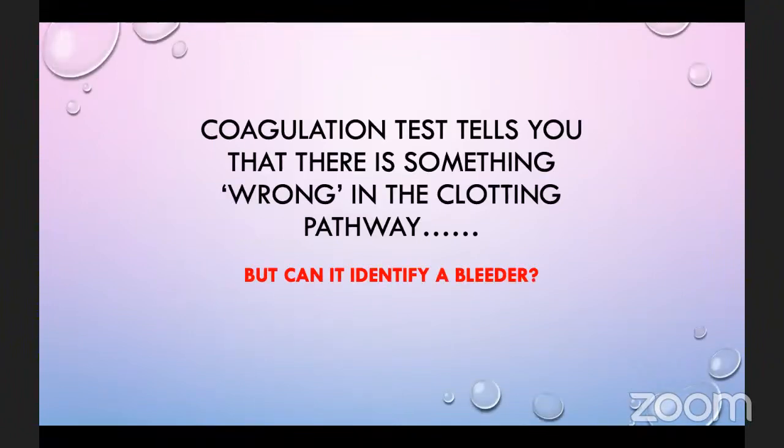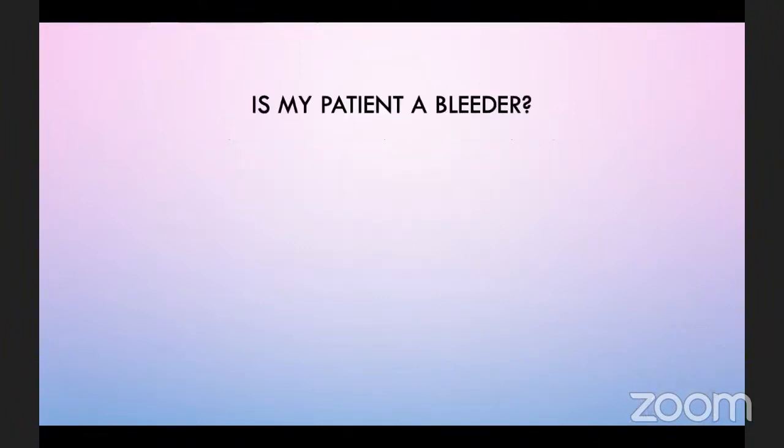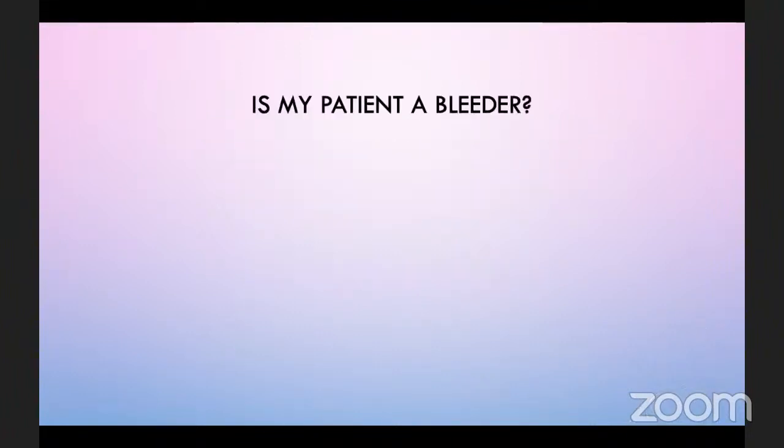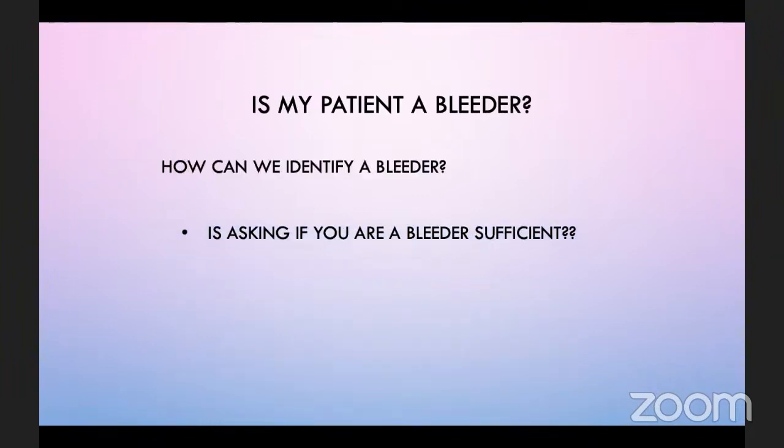All right. So basically, a coagulation screen or a coagulation test tells you that there is something wrong, perhaps, right? But whether it is a significant thing or not, we really do not know. Can it identify whether the patient is a bleeder or a clotter? Well, how do you identify a bleeder or a clotter?